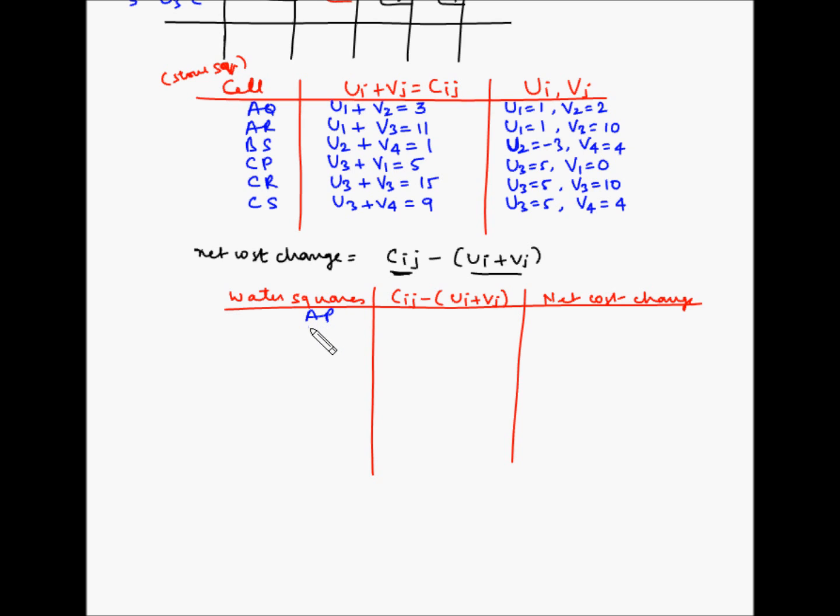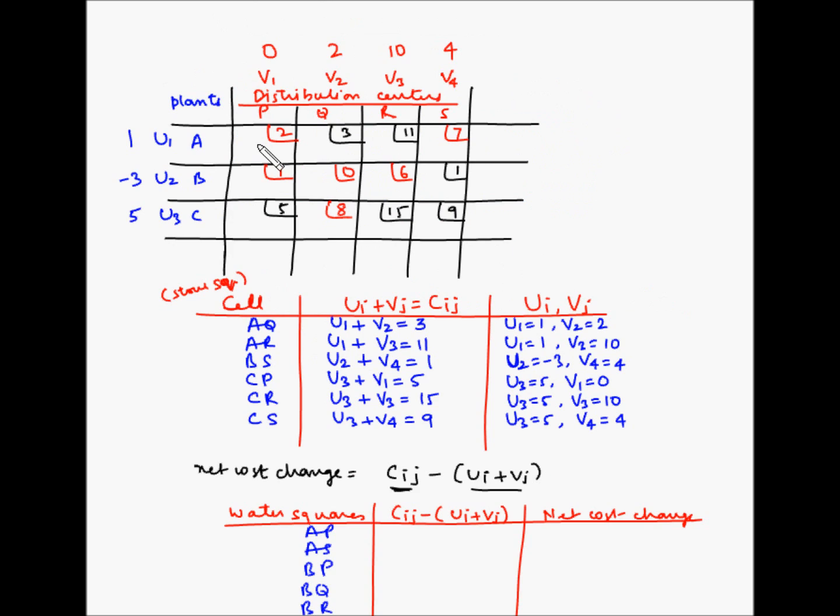AP, AS, BP, BQ, BR and CQ. Now for AP, the value of Cij is 2, U1 is 1 and V1 is 0. So this becomes 2 minus 1 plus 0. For the square AS, the value of Cij is 7, Ui is 1 and Vj is 4.